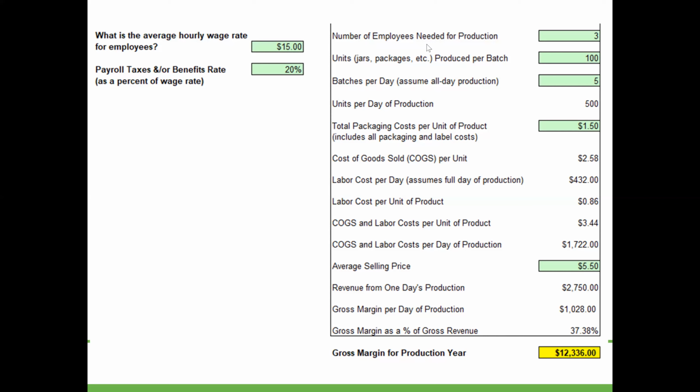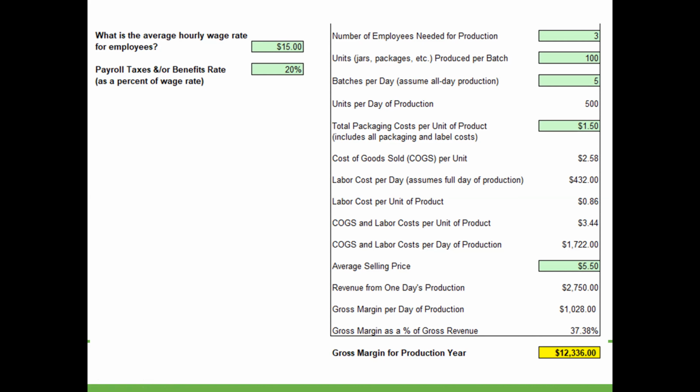So we're saying that we need 3 employees and that we're going to produce 100 jars of sauerkraut per batch. We can do 5 batches in a day if we do nothing but make sauerkraut for 8 hours. And so if we're making 100 jars each time and we do 5 batches, that's 500 units per day of production.